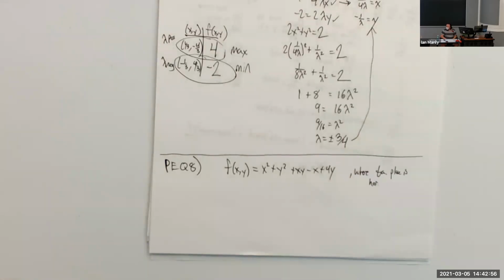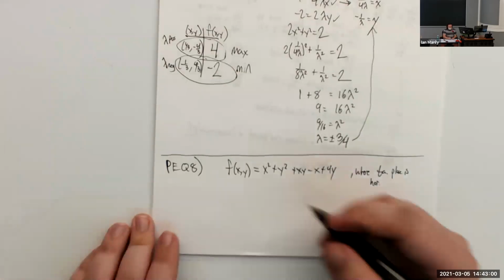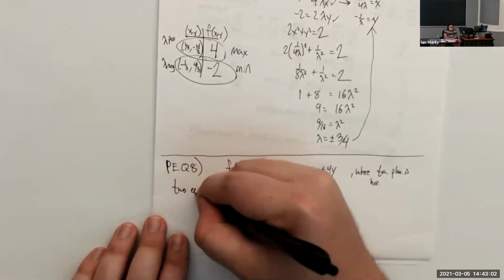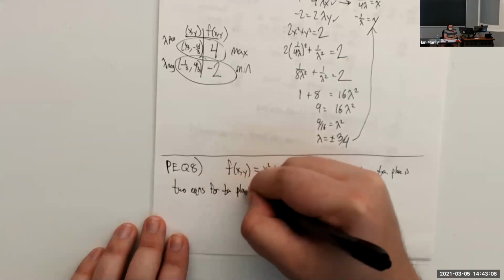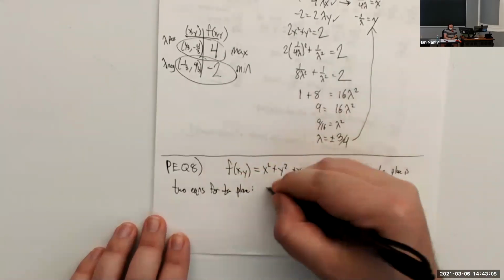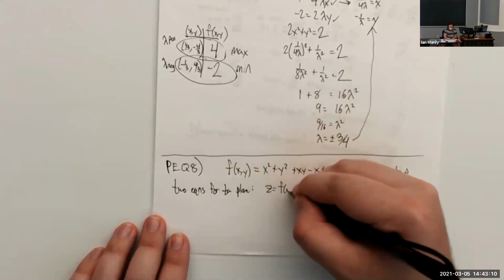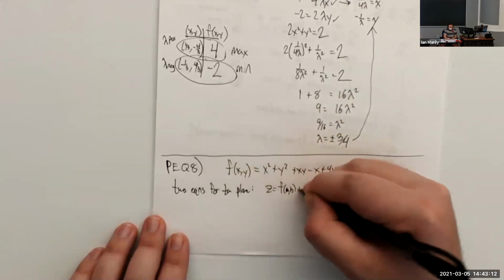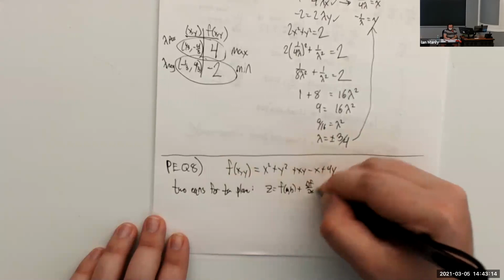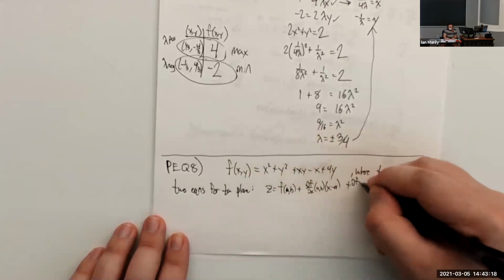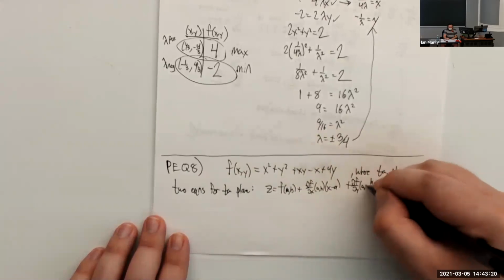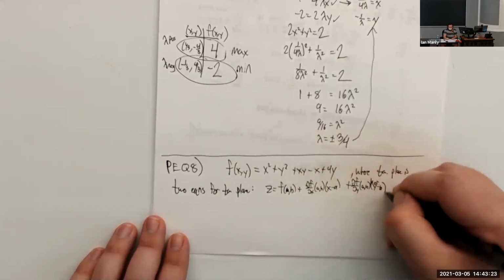Yeah, that's right. So you're looking for when the gradient is going to be 0. Because here are the 2 equations for the tangent plane. I'll explain this as I do this problem. The first one is z equals f of a, b plus partial f partial x at a, b times x minus a, and then partial f partial y at a, b times y minus b.